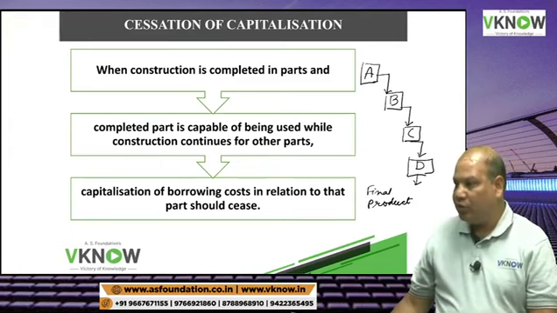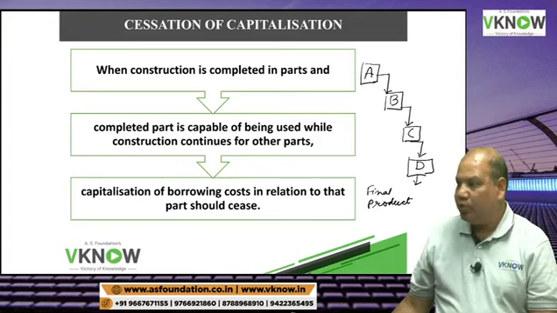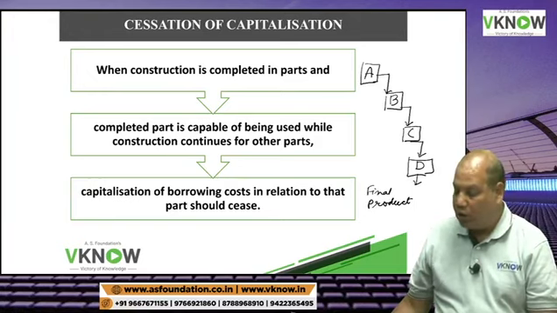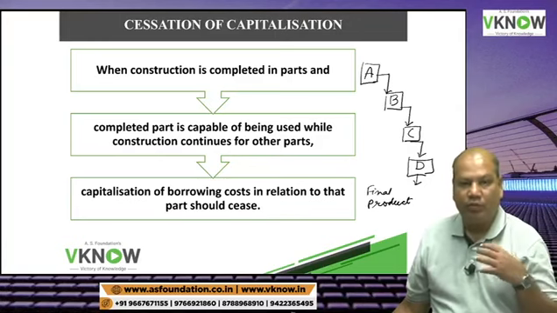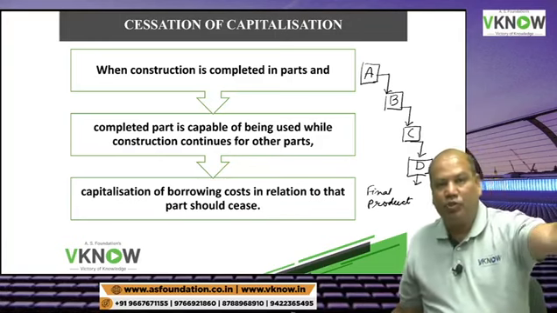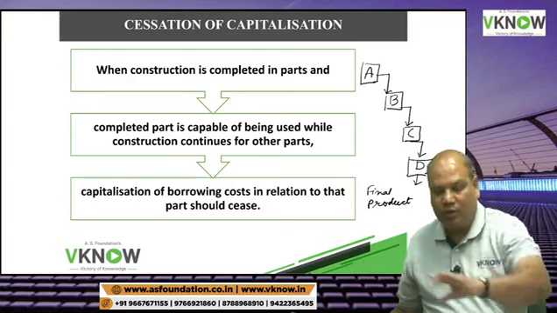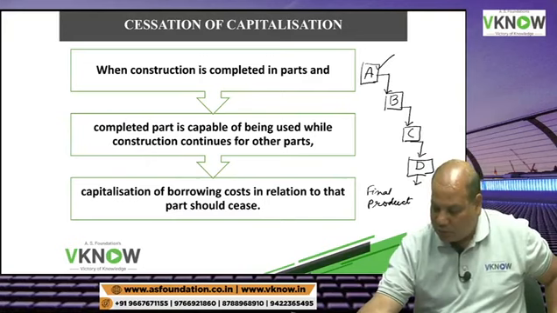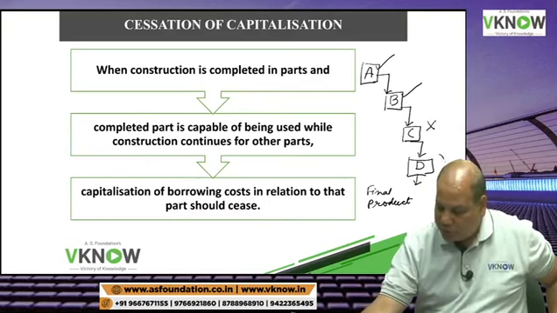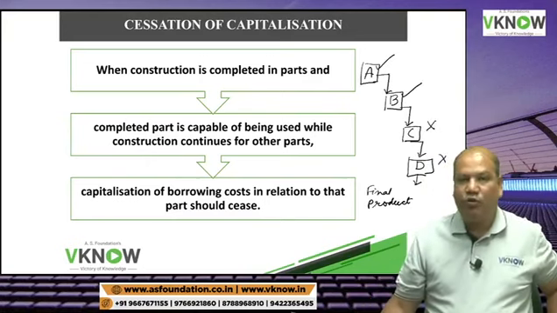Output of A becomes input for B, output of B becomes input for C, output of C becomes input for D, and from D the final output will emerge, which will be sold in the market. A company is constructing this process plant, which has four processes. A is complete, B is complete, C is not complete, D is not complete.